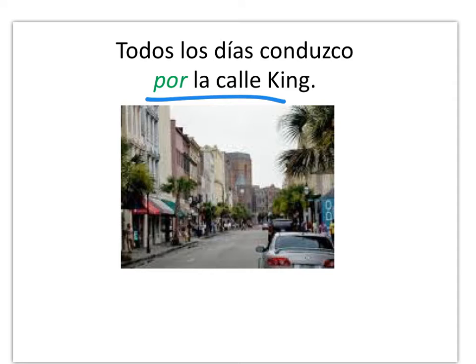I drive through or down King Street, right? So we can interpret it different ways or translate it different ways. But really, this is not necessarily talking about where I'm going. It's talking about how I get there. And it's very important to note that por with places is used when we're talking about a route.